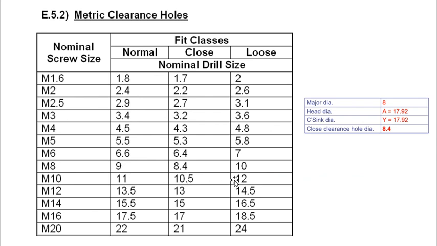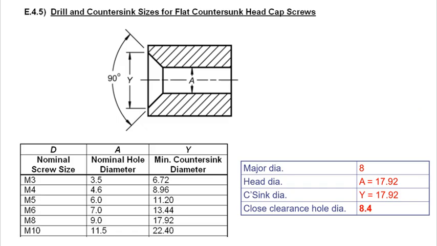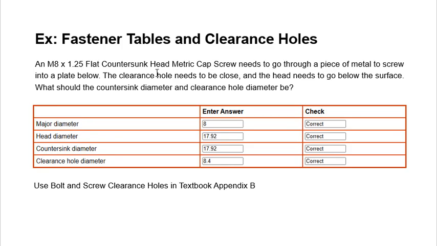It's not normal, it's not loose; it's a close fit. Why is it a close fit? Because it needs to go through a piece of metal to screw into a plate, so the clearance hole needs to be close.